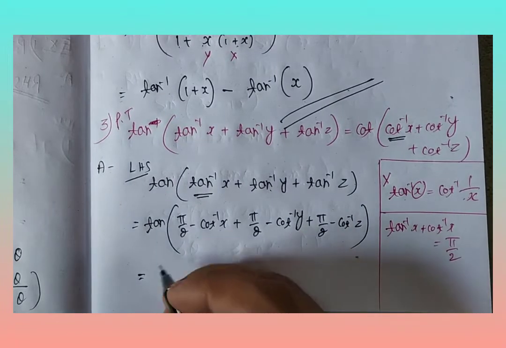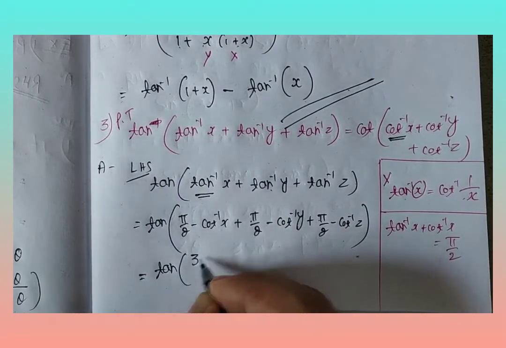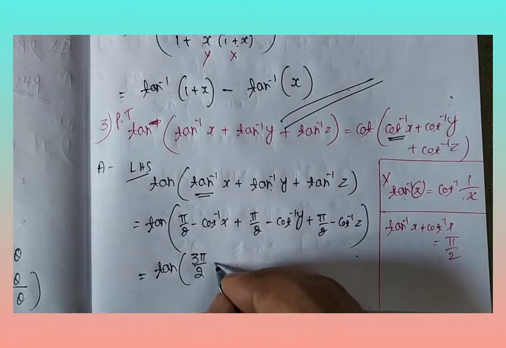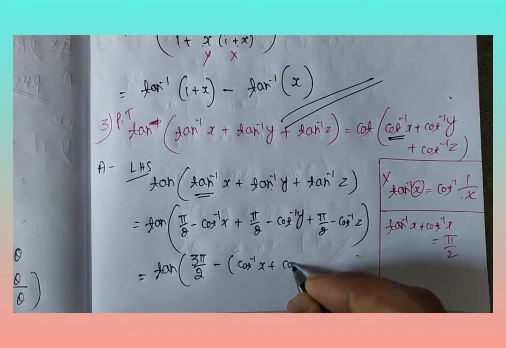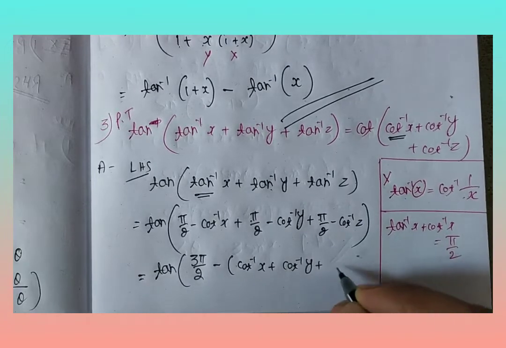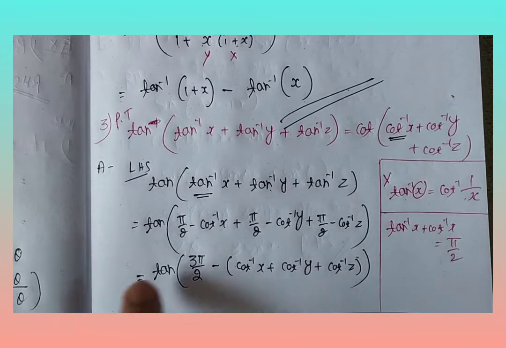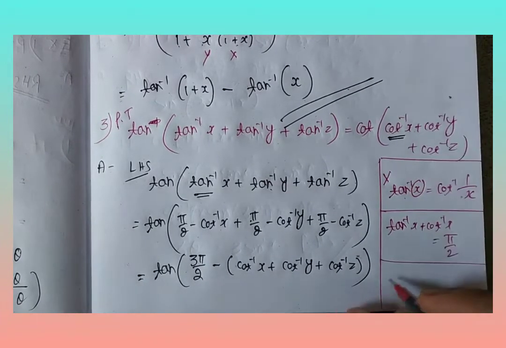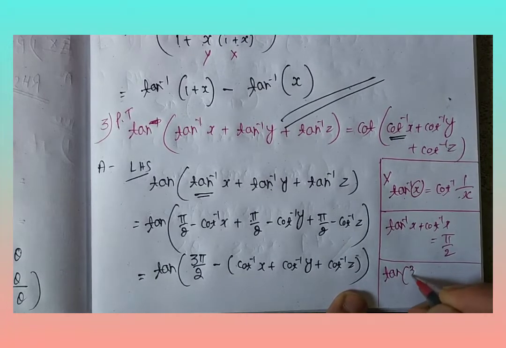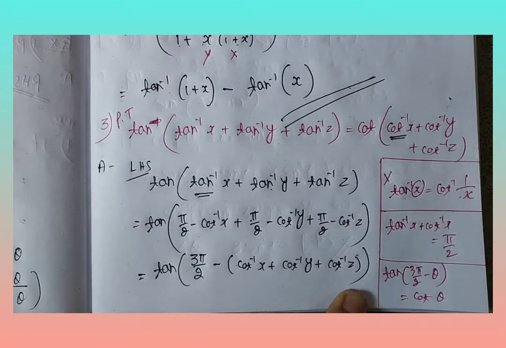Now simplify it. 90, 90, 90, that is 3 pi by 2 minus cot inverse x plus cot inverse y plus cot inverse z. Now first year formula again. 3 pi by 2 minus theta, 270 minus theta is equal to cot theta.